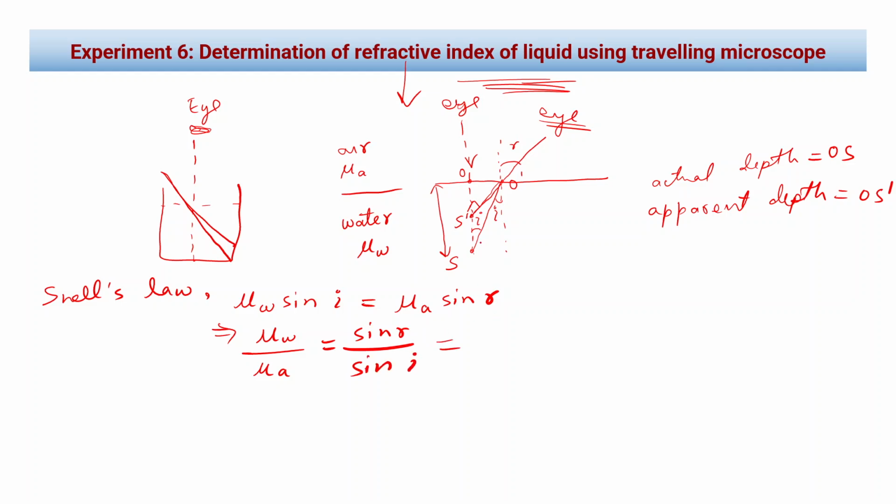Now if the angles are very small, which happens for these cases, in that case we can approximate sine to be equivalent to tan. Now for tan, we know tan is the ratio of perpendicular by base. In any triangle, if I want to take tan of this angle, that means it's this by this.